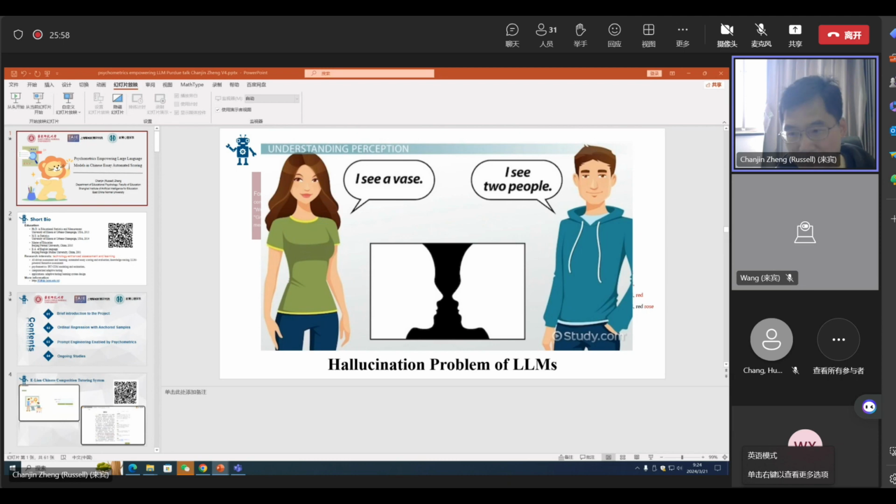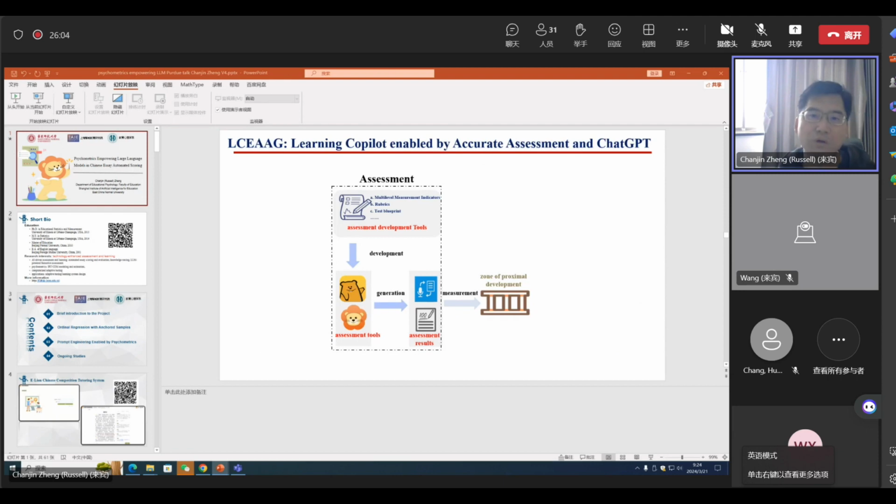So how do we avoid this? Prompt engineering, asking good questions. What we have done here is propose a new framework to combine the traditional wisdom from assessment and ChatGPT.